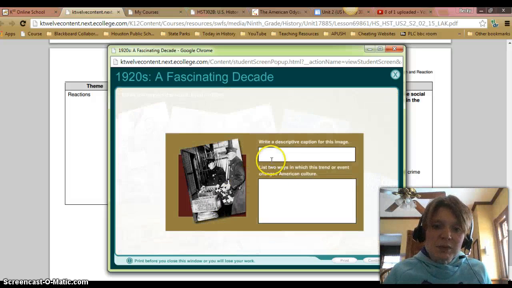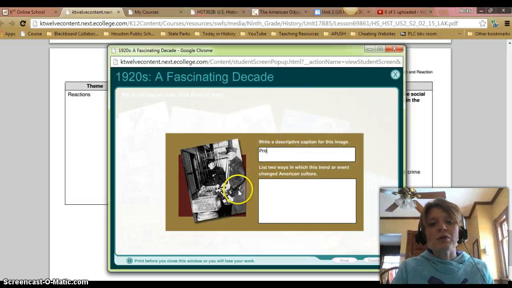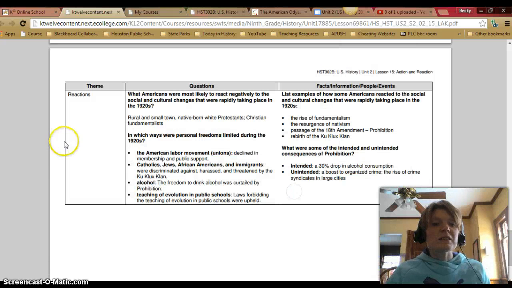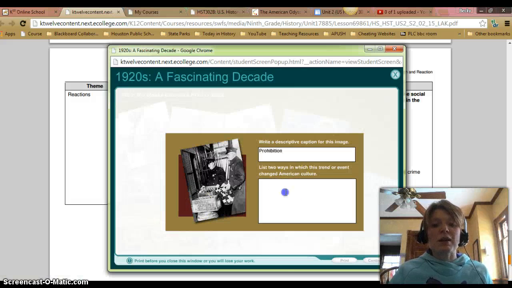And lastly, that's prohibition. And what can we say about prohibition? Oh, and I talked about the development of organized crime led to the highly developed system of organized crime.